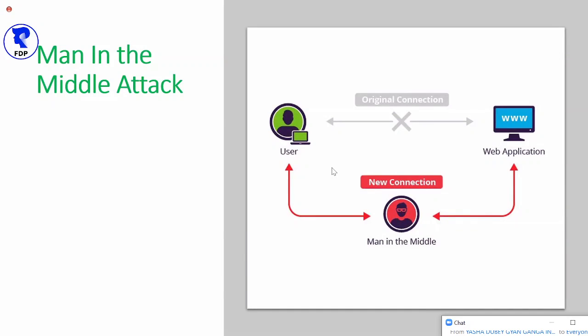So when we started doing transactions like banking, e-commerce, or social networking, when privacy and security became more important, we had to encrypt the message, otherwise we could have been prone to man in the middle attacks.